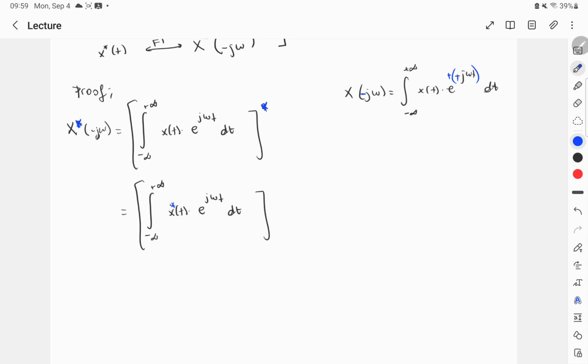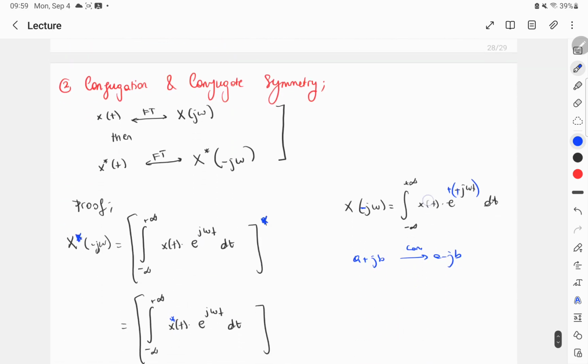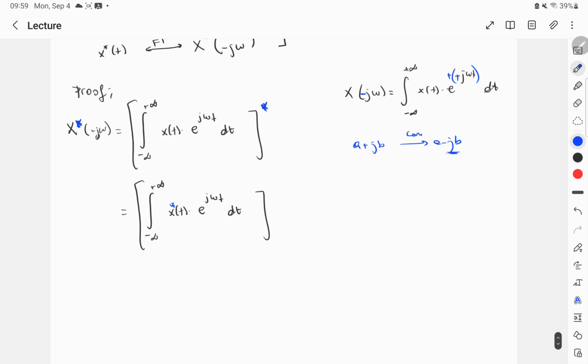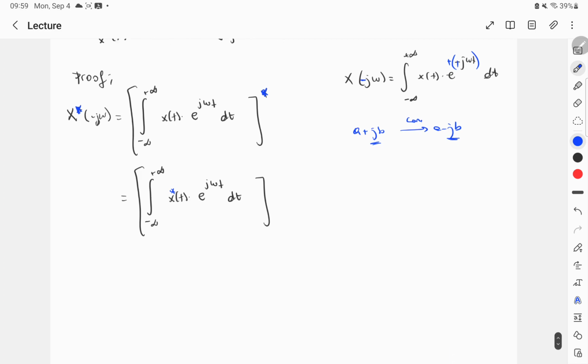We are taking the conjugate of this, and as you remember the conjugate property, we will have the minus of this one over here. That is why we are going to put minus also in here.